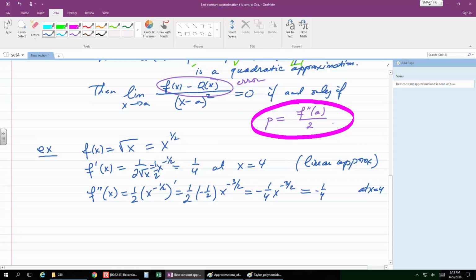Negative 1/4 times 4 to the negative 3/2, which is 2 to the negative 3. No, not negative, just 8. Why? Yeah, okay, so in other words, it is negative 1 over 32, right?